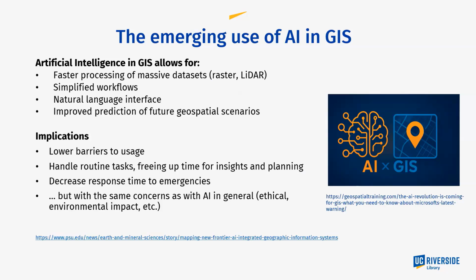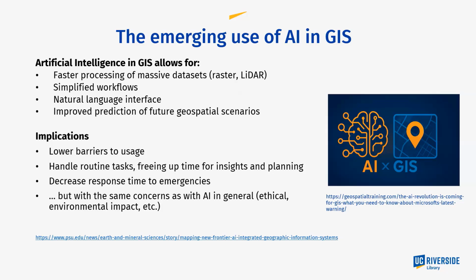It can allow for faster processing of massively large data sets. It can simplify the workflows. People can interact with the GIS using natural language. So in other words, instead of having to understand which tool does what and in which order you should use those tools, you can just type in, this is what I want to do, make it happen pretty much, and the GIS will go ahead and do it.